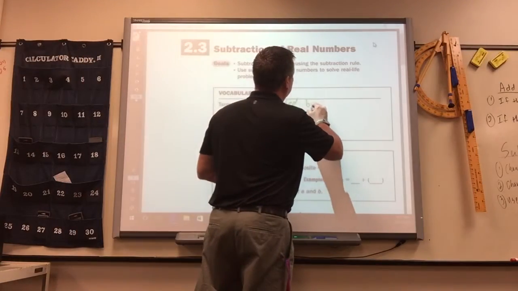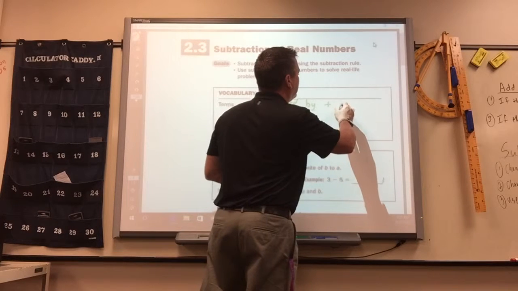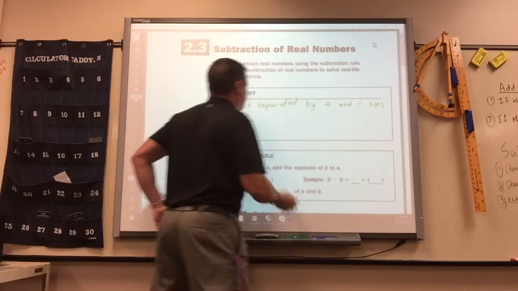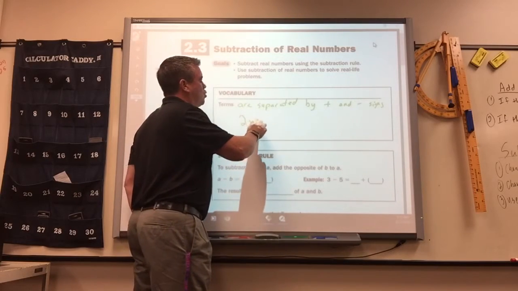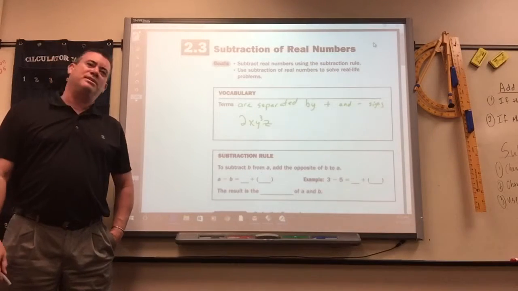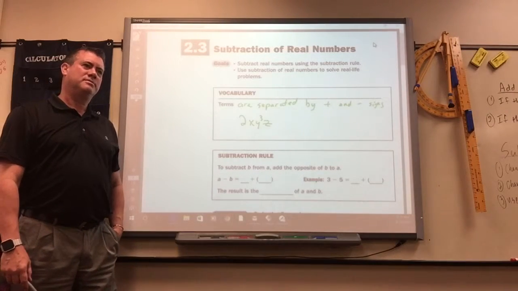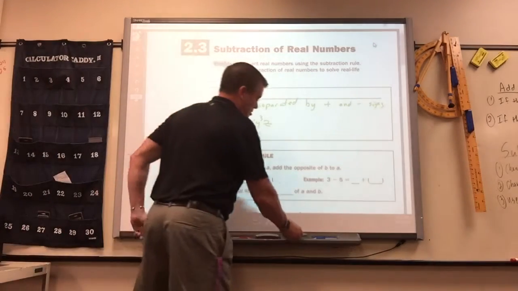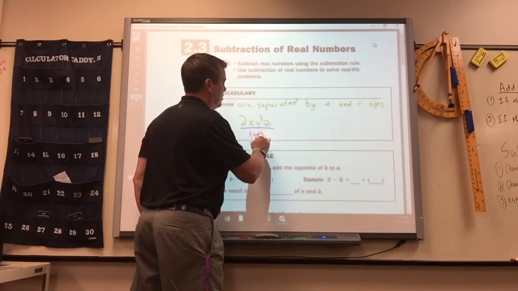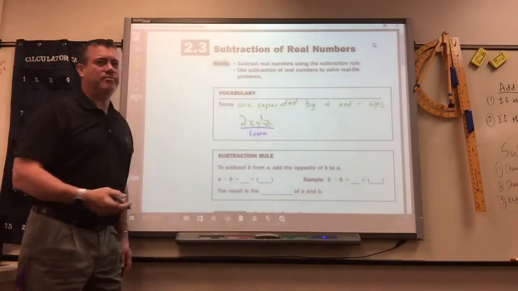Terms are separated by add and subtract signs. So if you had like 2xy to the third z, how many terms is in this expression? No, 0. 1. There's one term because they're all connected.